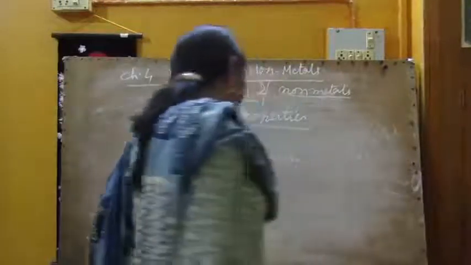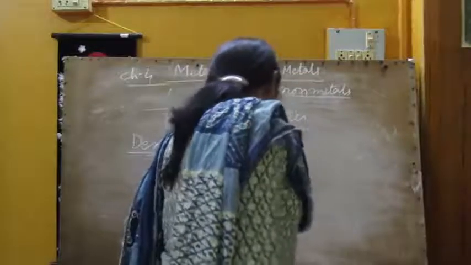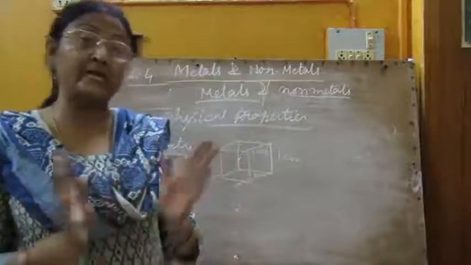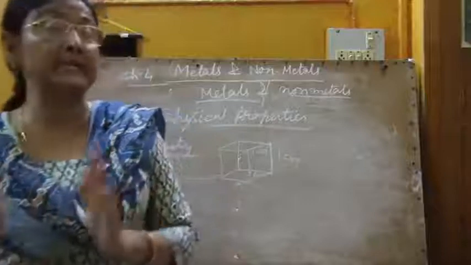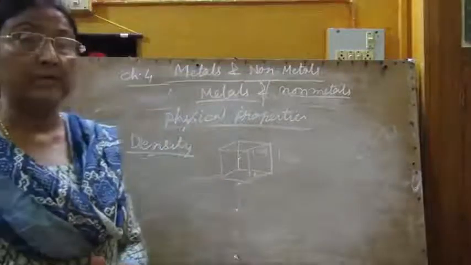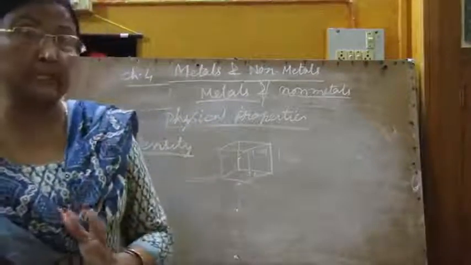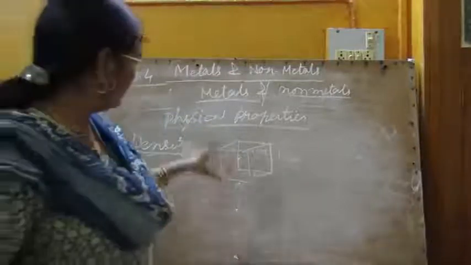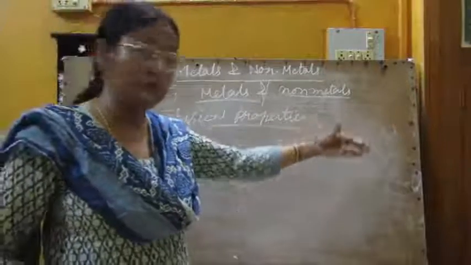Non-metals have low density because they are gases, but sulfur and phosphorus exist in a solid state at room temperature, and they have low density. So these are another physical property of metals and non-metals.